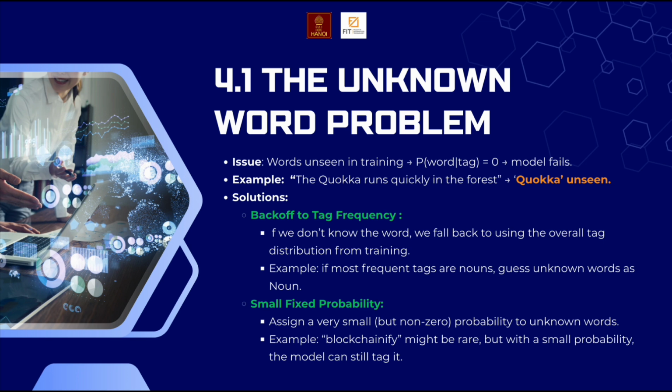Second, we assign a small fixed probability to unknown words, so the model can still make a reasonable prediction. For example, for a newly coined word, rather than having zero probability, it receives a tiny non-zero probability, allowing the model to proceed.